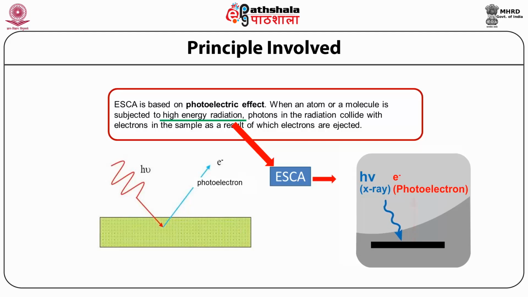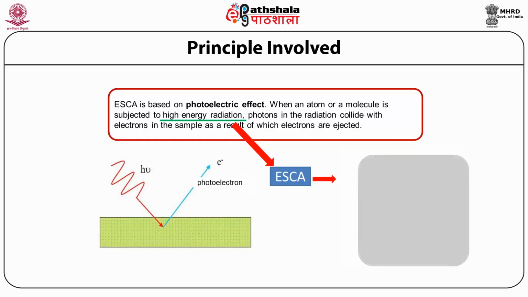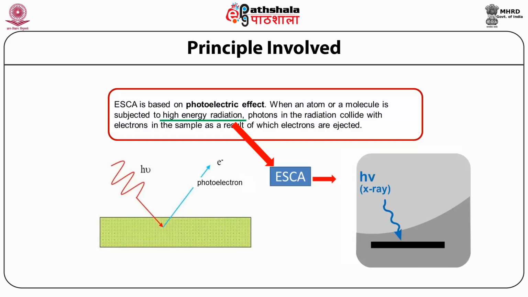It has been again shown in the diagram that X-rays with energy h nu, indicated by the red line, hit the surface, and then from the surface the atom, the molecule, loses an electron which is emitted out in the form of a photoelectron shown here with the help of a blue line. So the target is hit with high energy X-ray photons and an electron is ejected out of the surface.